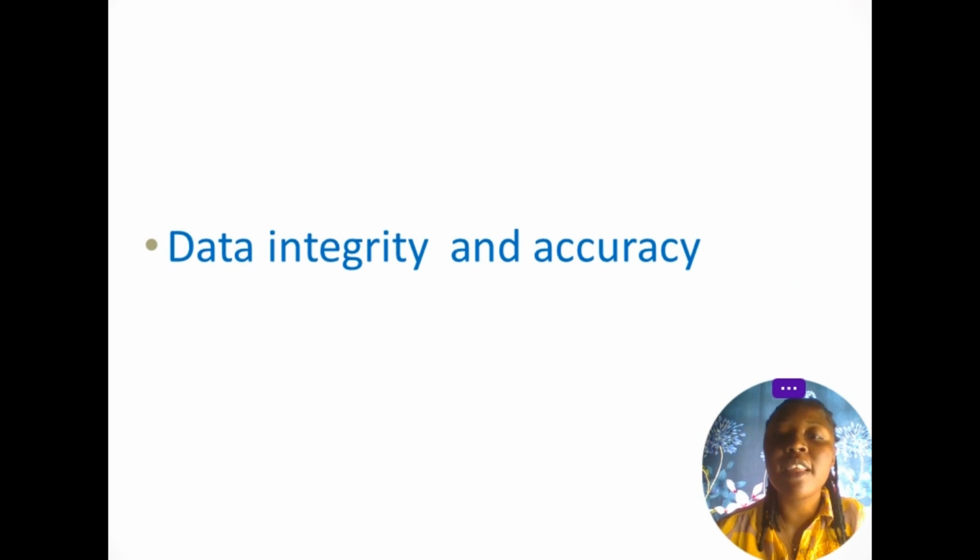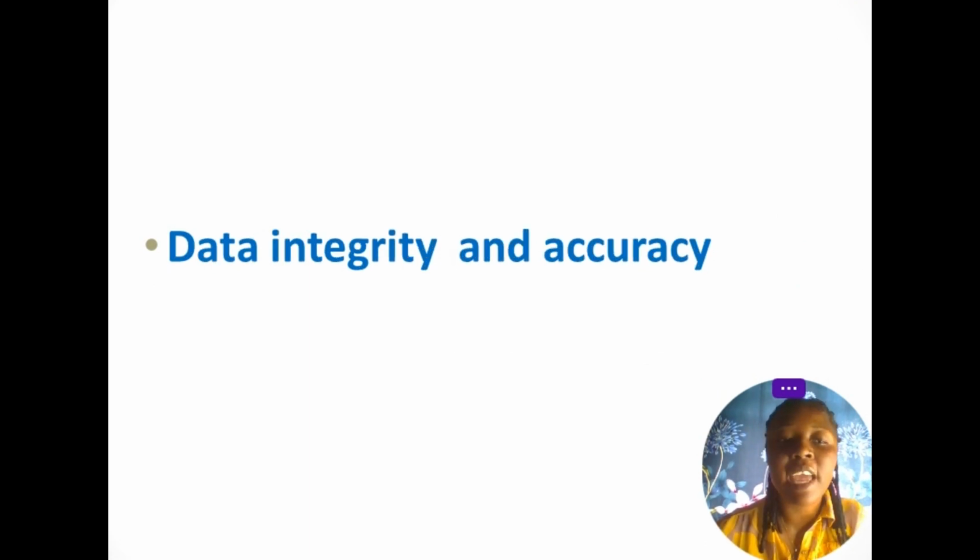Let's go into detail to understand data integrity and accuracy. Data integrity and accuracy enforces validation rules to ensure that data is accurate, consistent, and follows predefined standards. This is the main function of data integrity and accuracy.